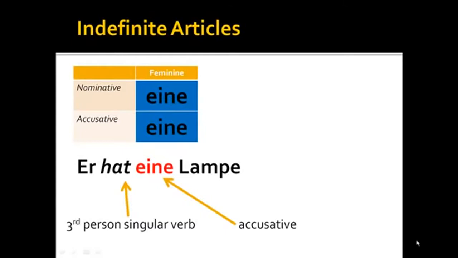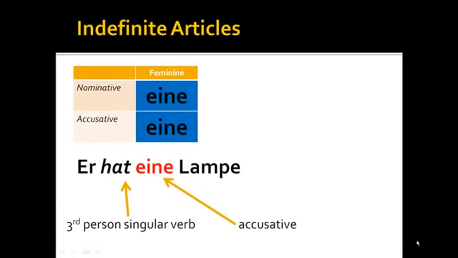It receives the action of being had. Therefore, I'm going to use the accusative feminine form of the indefinite article, eine. Er hat eine Lampe. However, as we already talked about, it's inside the Oklahoma box, so it doesn't change. It looks the same, but actually we're dealing with an accusative form of the indefinite article.